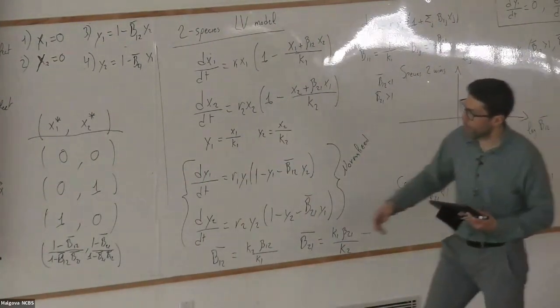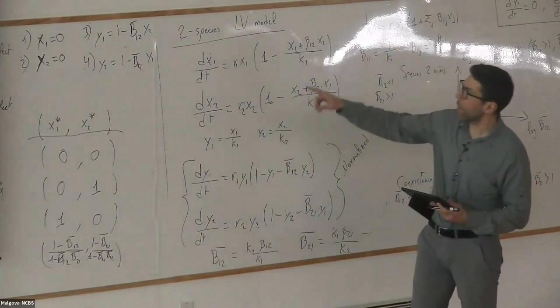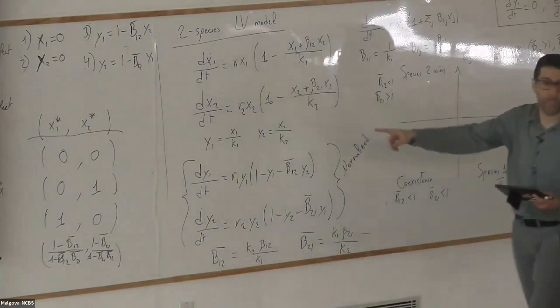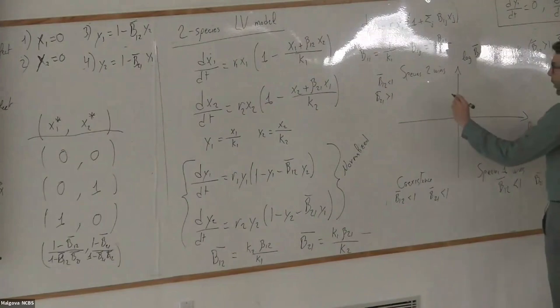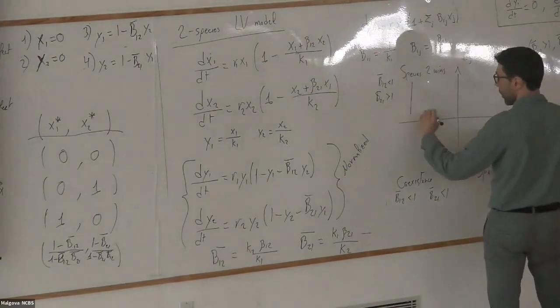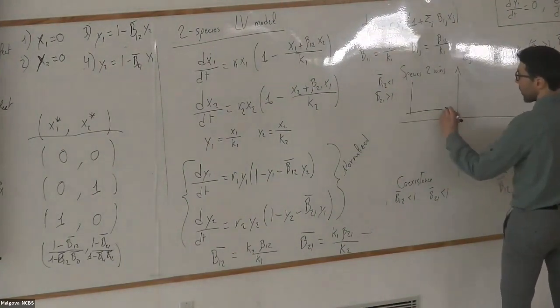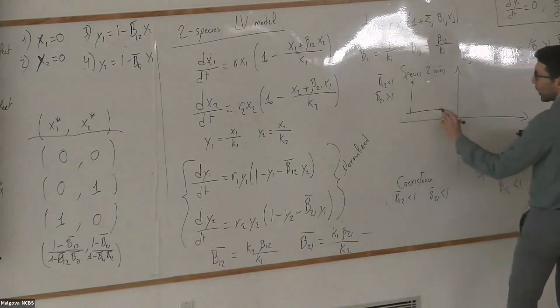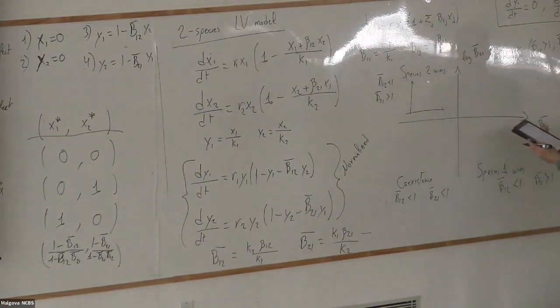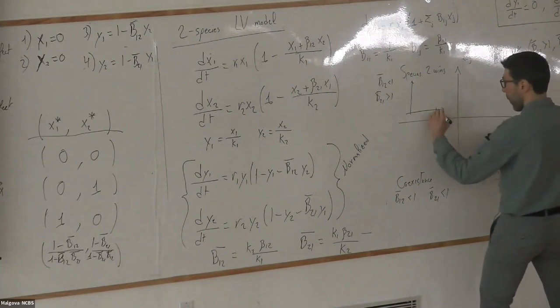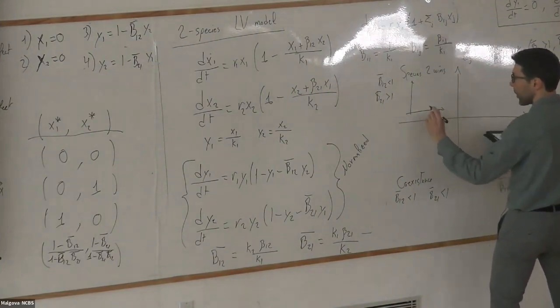Then if we play with the values of b in the normalized version, what we'll see is that in this case, this is a null cline and this is also a null cline. The other 2 null clines take this form.